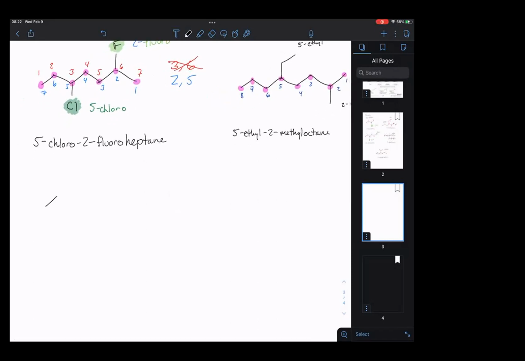Okay, one more, and this is the sort of special case, worst case scenario kind of deal: what if we have something like this? We're going to go through and identify, the first few steps are always the exact same. You're going to identify that you have a pentane as your parent chain, and that your substituents are this fluoro group and this chloro group.